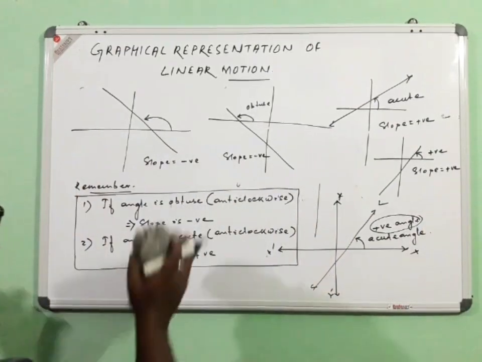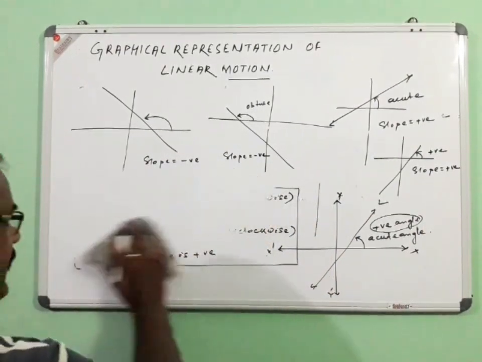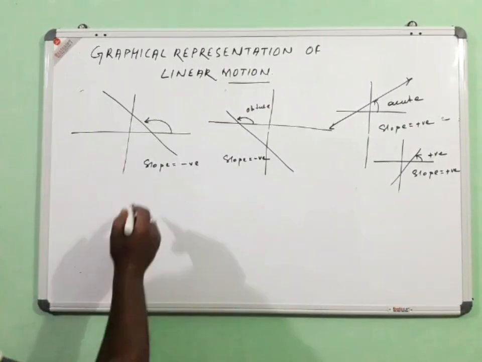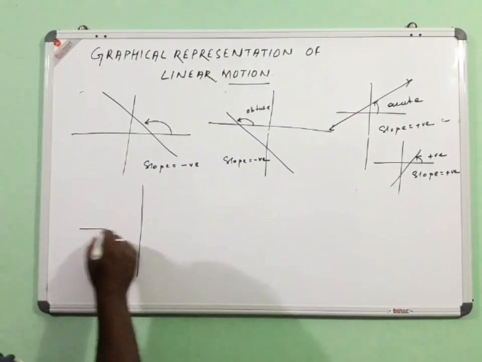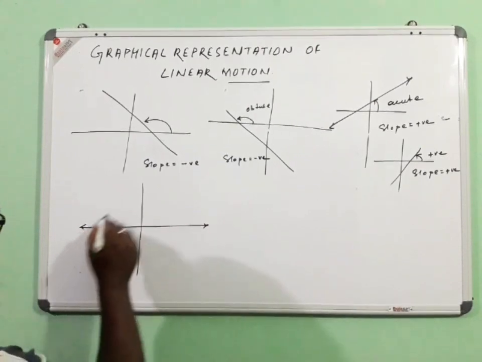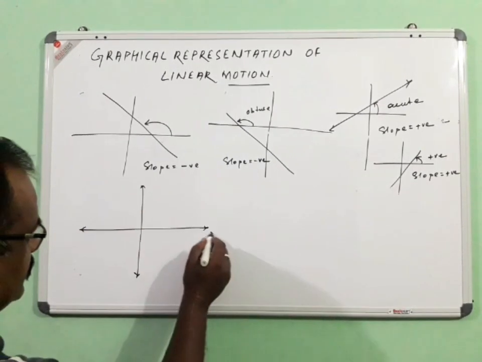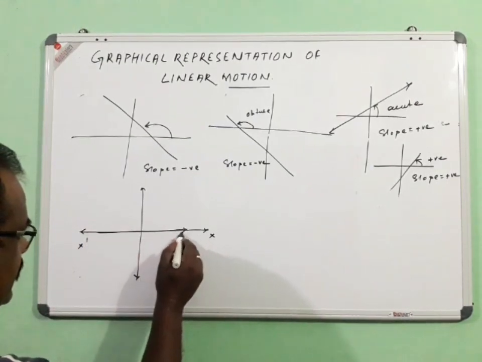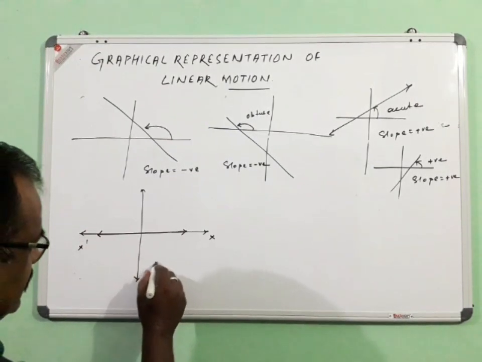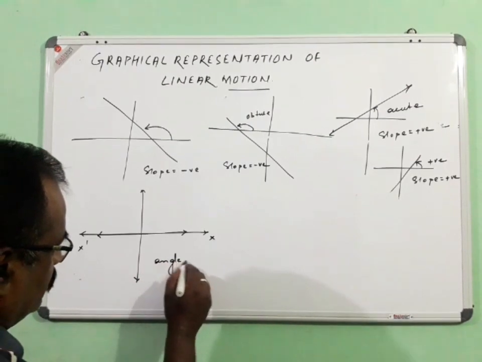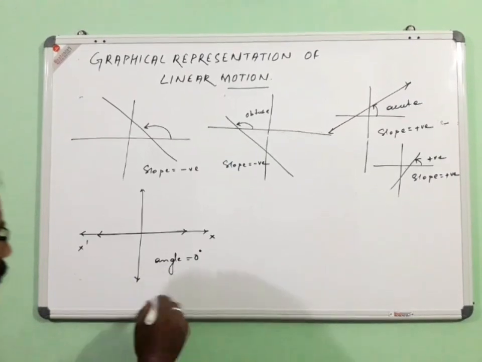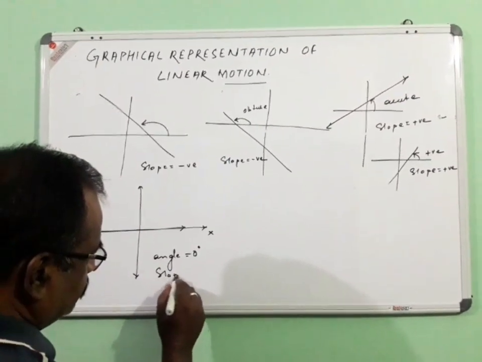And whenever the line just lies on the x-axis, now consider that this is x and x dash. So another line which lies exactly on the x-axis, in that case, the angle is 0 with respect to the x-axis and therefore the slope is 0.